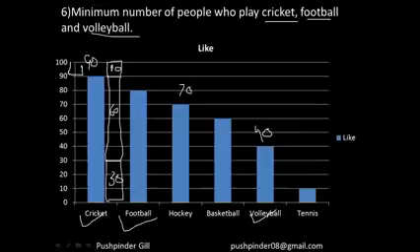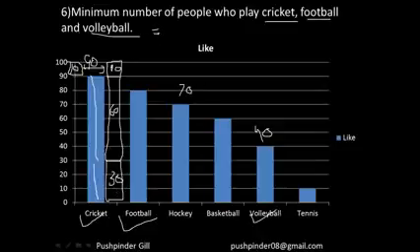So is there any intersection of the number of people who play cricket, football and volleyball? No, there is no intersection of cricket, football and volleyball, because this is the intersection of only football and volleyball, this is the intersection of cricket and football, and this is the intersection of cricket and volleyball.